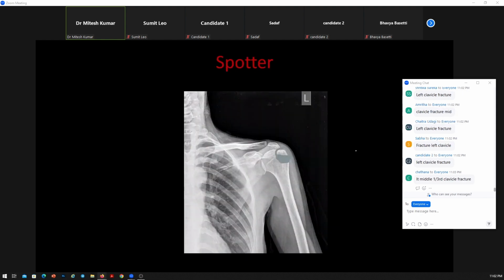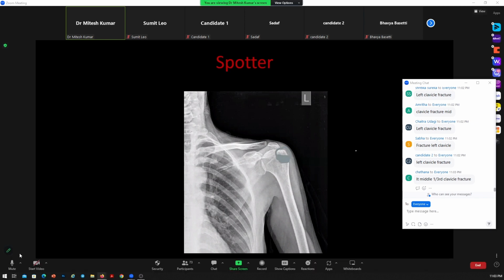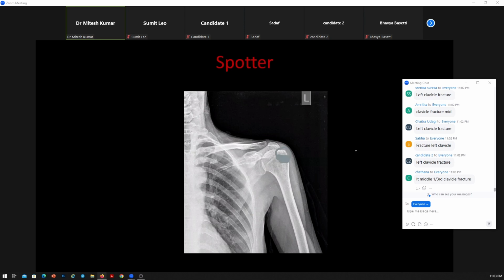Now, this. Sorry for using this kind of illustration. The idea behind using this kind of image is to show you all the spectrum of pathologies affecting the shoulder joint. Just imagine you are seeing this X-ray like in reality.